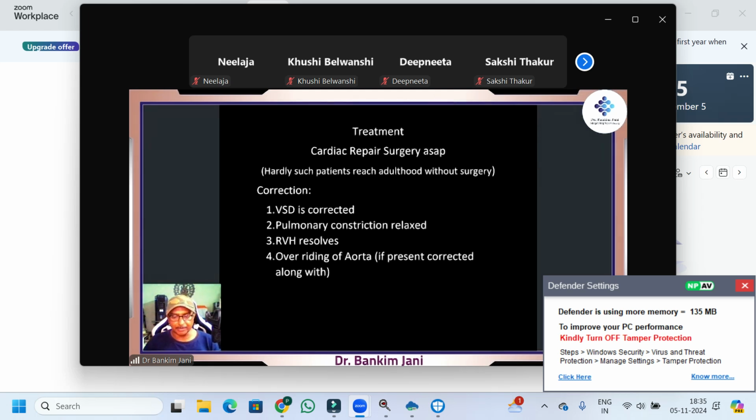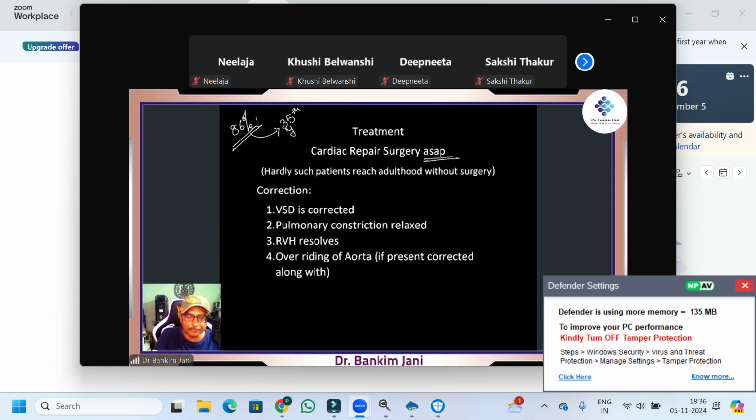For the treatment part, no other choice. This is the cardiac repair surgery ASAP, as soon as possible, because as it is getting delayed, the chances of recovery decrease. Even after the treatment, about 86% of the people survive to see their 35th birthday.